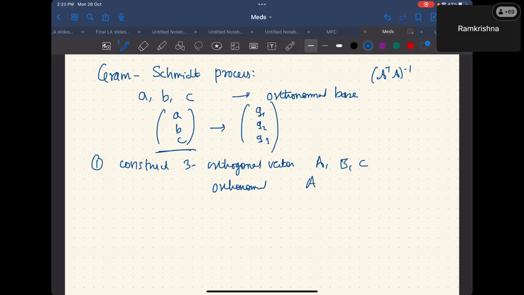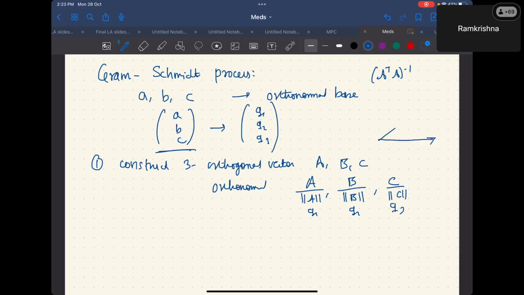What I do is I take A, I divide it by the magnitude of A. I take B, I divide it by the magnitude of B. Same with C. I can call these Q1, Q2 and Q3, and I get an orthonormal basis.